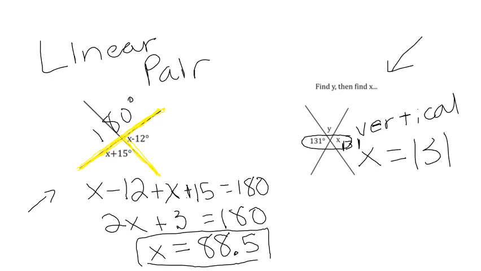Vertical angles. But the thing that you have to understand with y is that the 131 and the y are a linear pair. So look what happens when you intersect lines. Not only do you get vertical angles, but you get a linear pair.